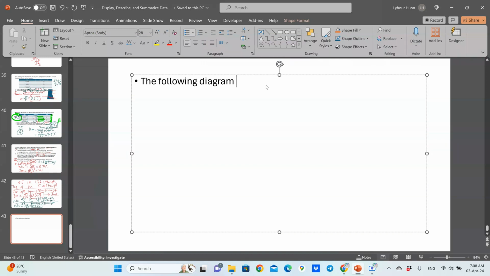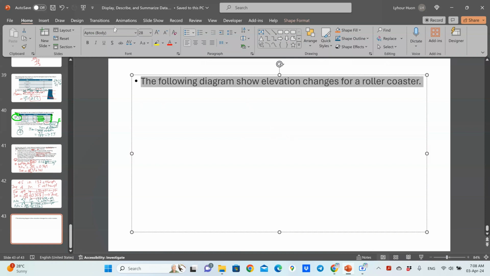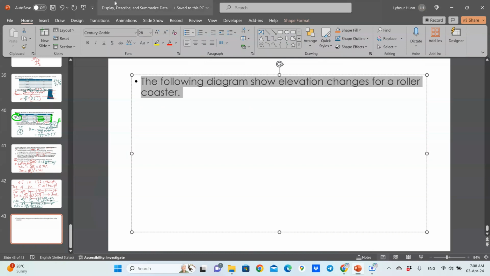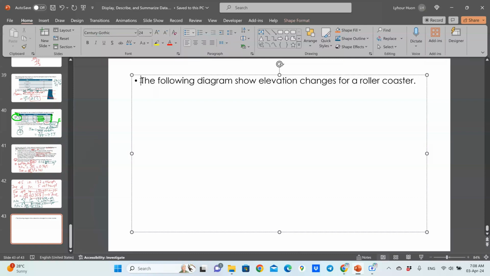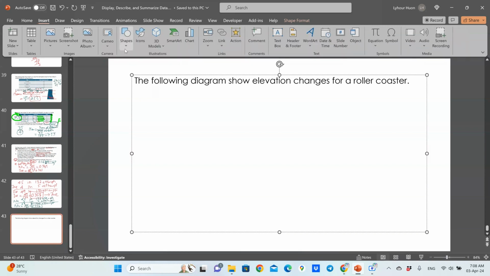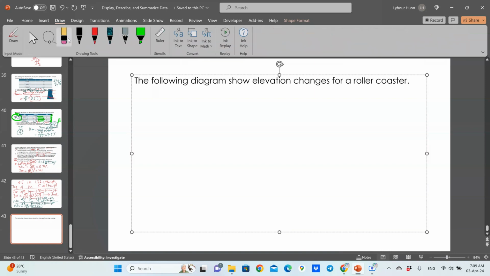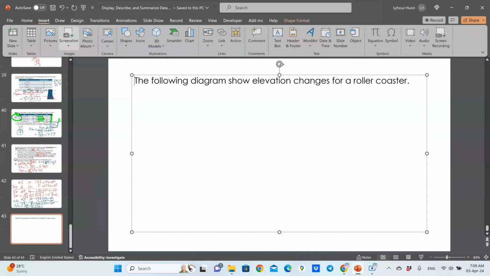The following diagram shows the elevation changes for a roller coaster. Let me draw it here.